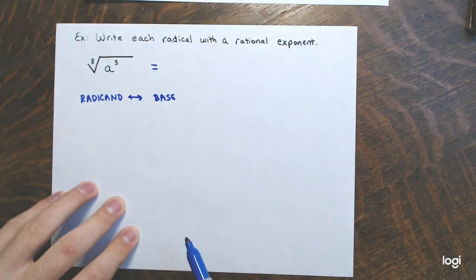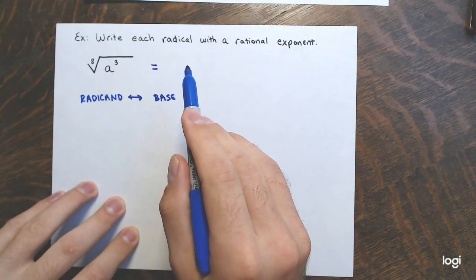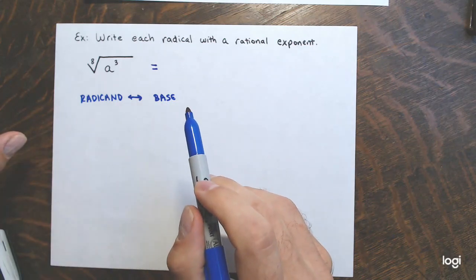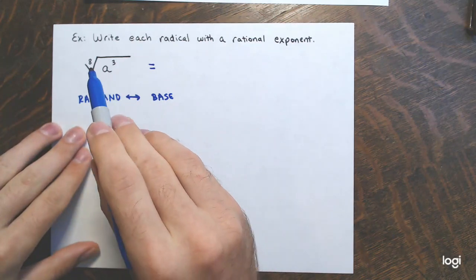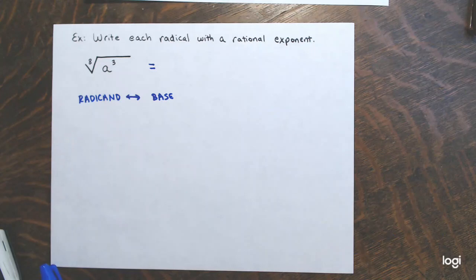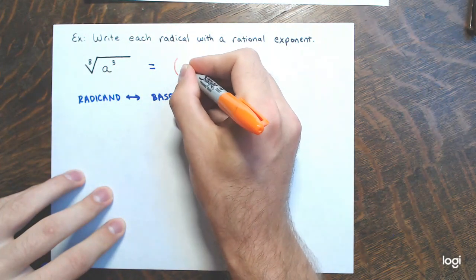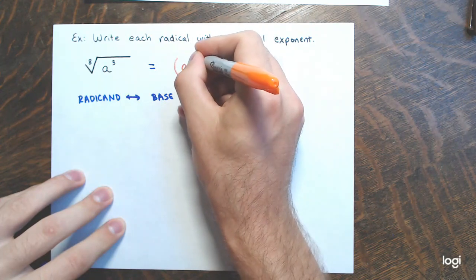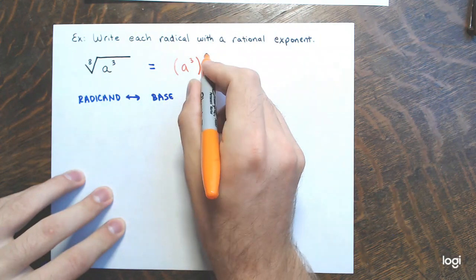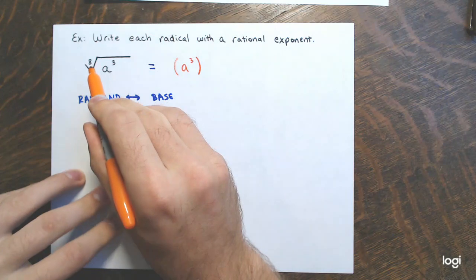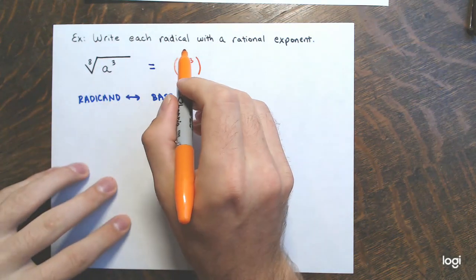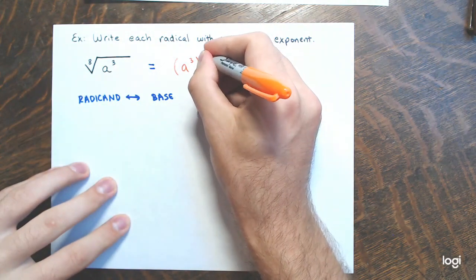The radicand of the expression becomes the base when you write it in exponential form or with an exponent. So this 8th root of a cubed, the radicand is a cubed, so I'm going to put that in parentheses over here. All right, that's the base on what power? And the index is 8, meaning I'm doing the 1/8 power.